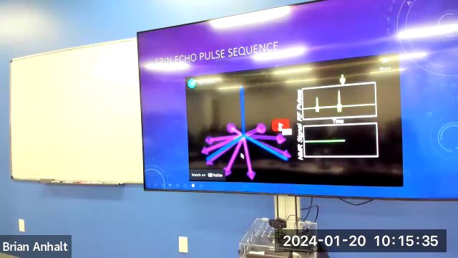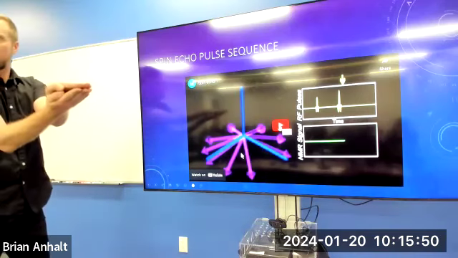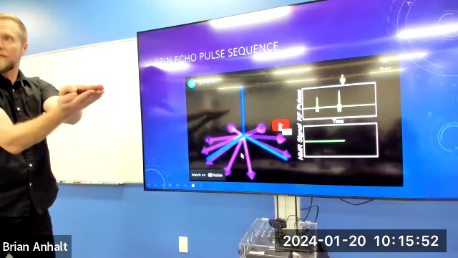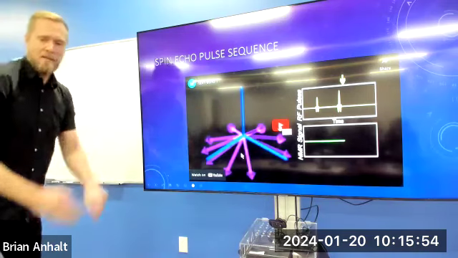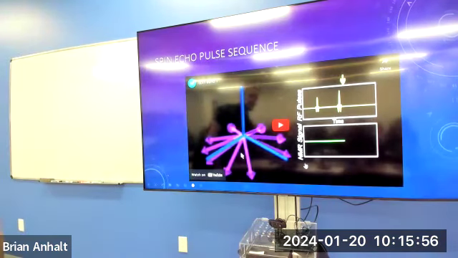Some of them are slower on this side. If we flip them 180 degrees, precessional frequencies didn't change. Now I have the fast ones behind and the slow ones in front. So they're gonna come back together, rephase or refocus. So that's what this is right here.